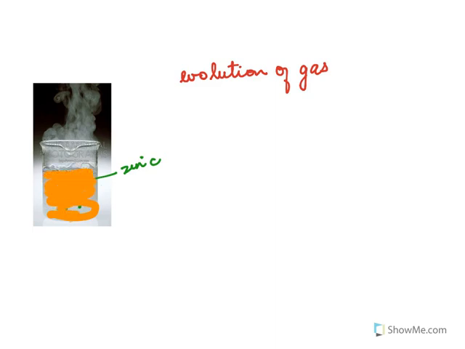This is an acid solution, maybe hydrochloric acid or sulfuric acid. To this we add bits of zinc, and when this is done, there is a gas given out. This is hydrogen gas. Hydrogen gas is given out.